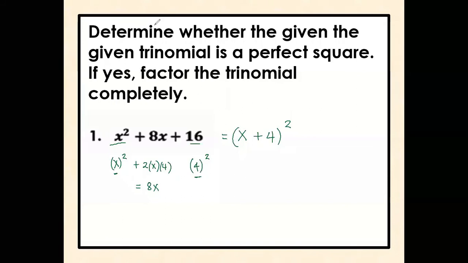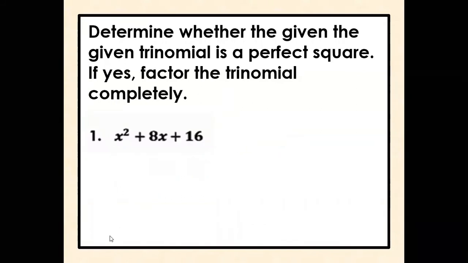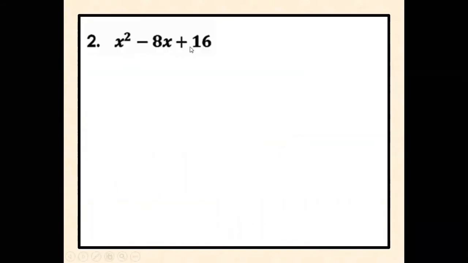Now let's have the second example. So we have x squared minus 8x plus 16. So the first term is a perfect square. The last term is also a perfect square. However, notice that the middle term is a negative number. So therefore, 4 here should be negative, because negative 4 times negative 4 is positive 16. So it doesn't change anything.